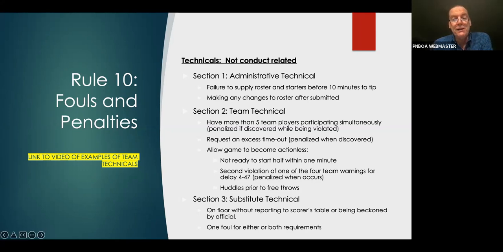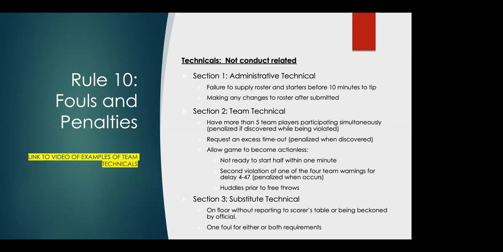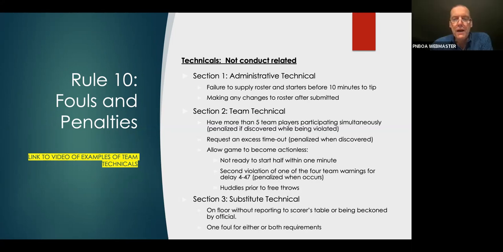Having more than 5 players on the court at one time, requesting an excess timeout. Allowing the game to become actionless, basically not ready to start the half within 1 minute. The rest of the stuff you're not going to really see for the most time, or another violation of a delay warning. So if there's a basket made and the ball is coming down out of the basket, and the team that just makes the basket taps the ball away, the first time they do that, it's a delay warning.